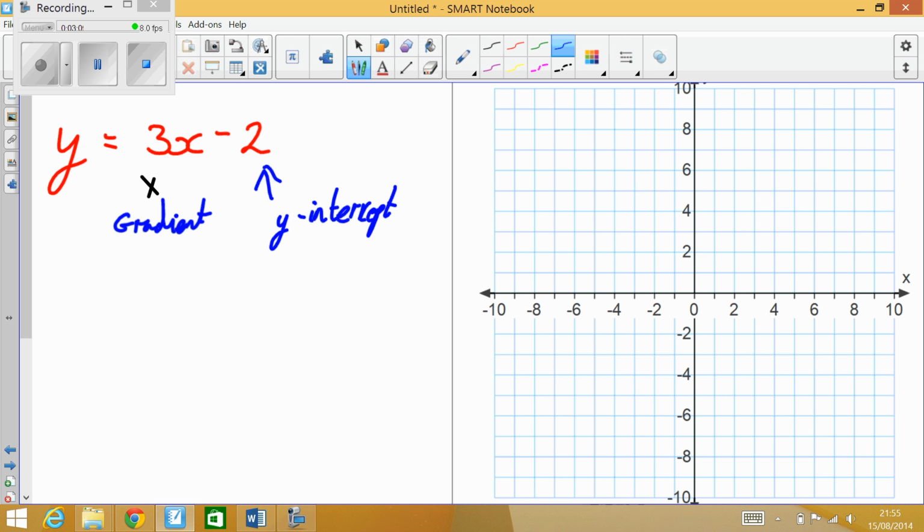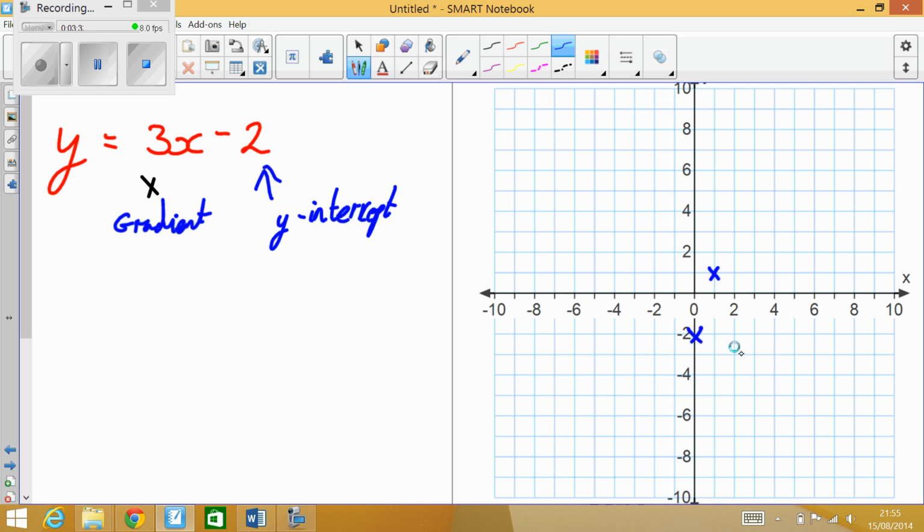So I go down the y-axis to -2 and I'm going to do a little cross. So that's where my line is going to cross the y-axis. That's why it's called the y-intercept. My gradient was 3. So for every 1 square I go across, I've got to go up by 3.